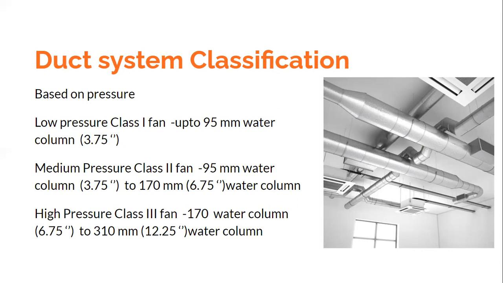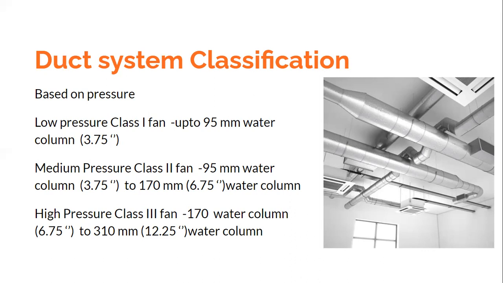If the static pressure in the ducting system is between 3.75 inches to 6.75 inches of water column gauge, in mm, between 95 mm of water column to 170 mm of water column, then that is called a medium pressure or class 2 type of ducting system.